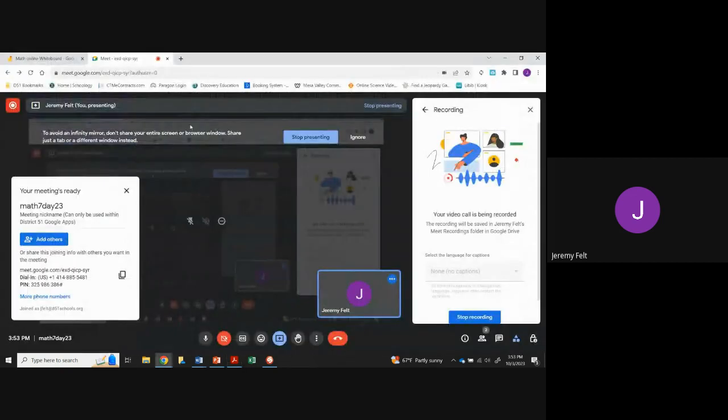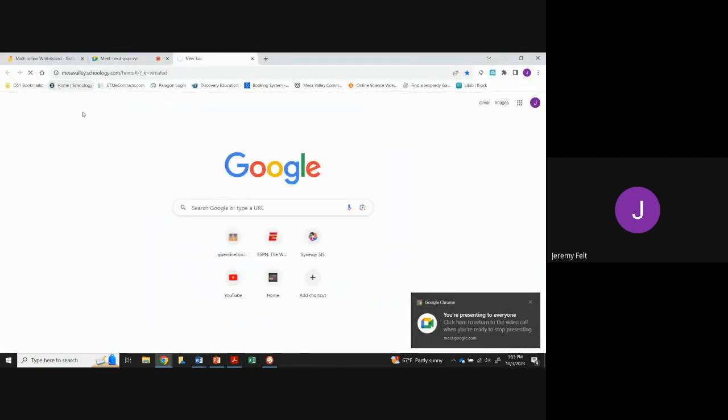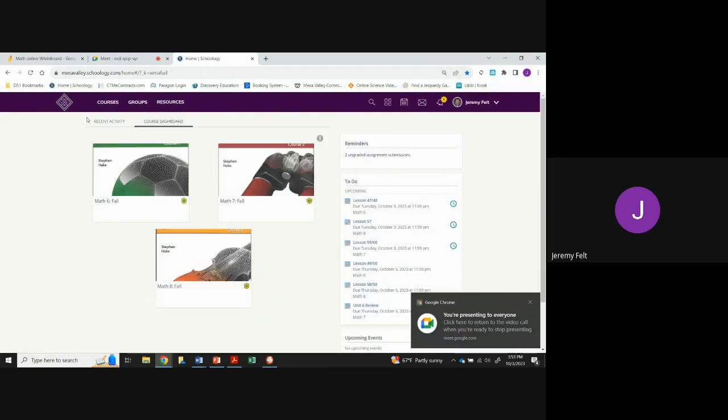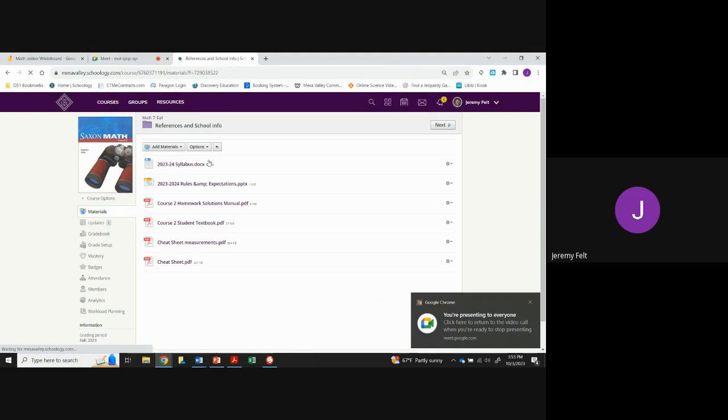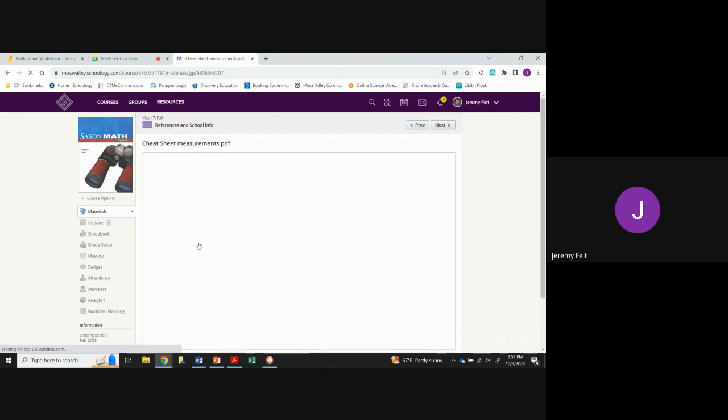I guess I can show you where we go again. References and school information from our homepage. Cheat sheet and measurements.